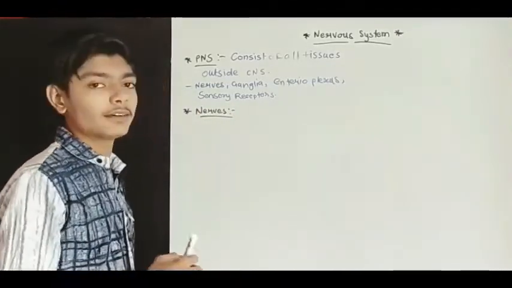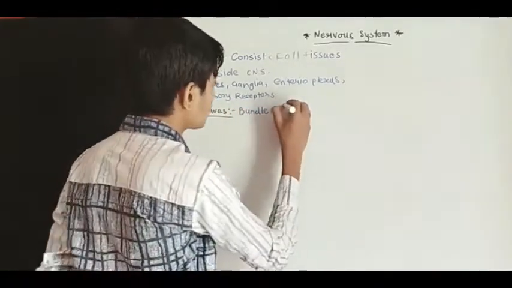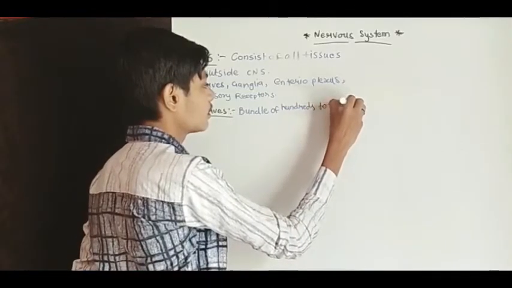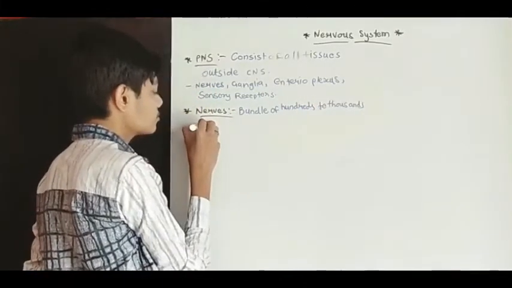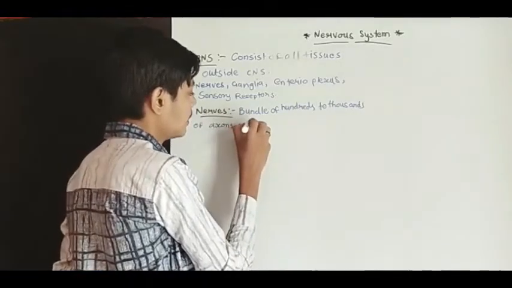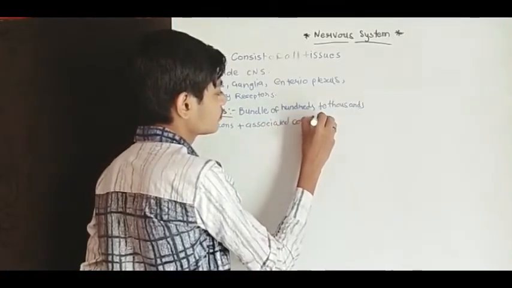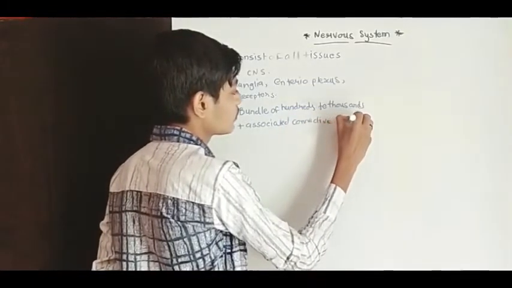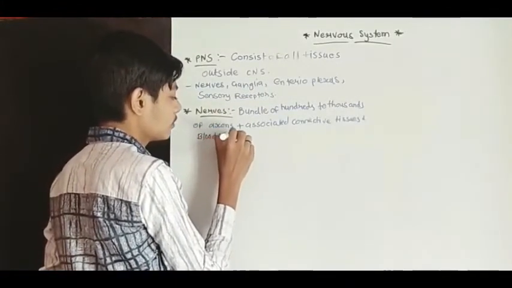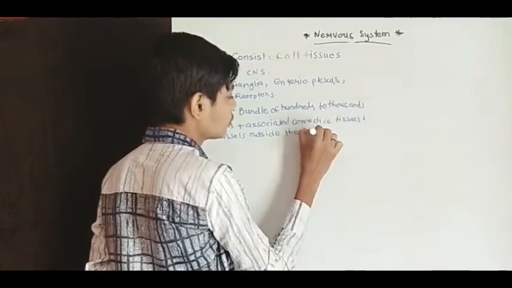So basically the nerve is a bundle of hundreds to thousands of axons plus associated connective tissues with the blood vessels which are outside the brain and the spinal cord.